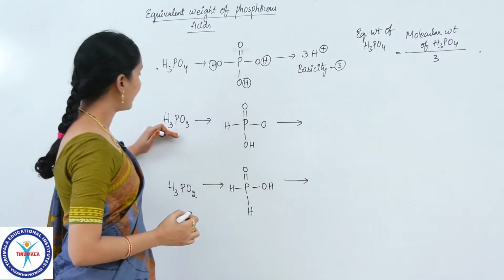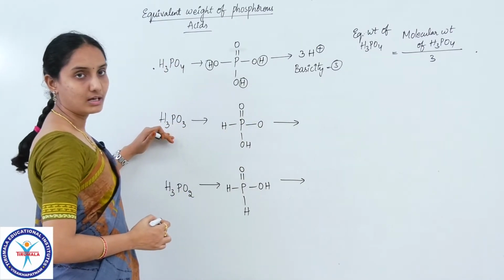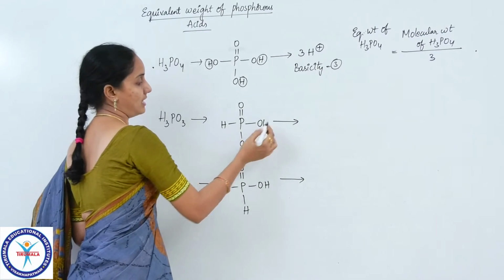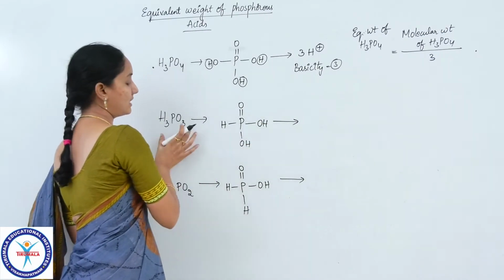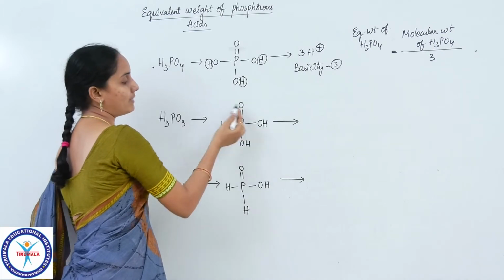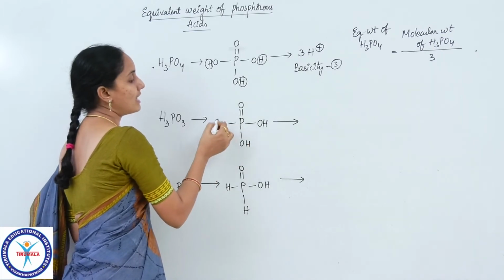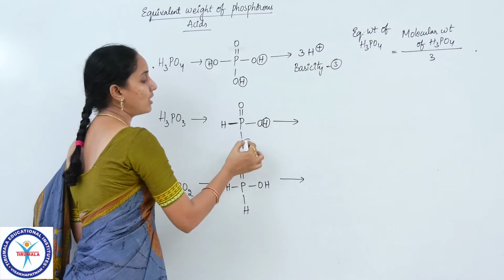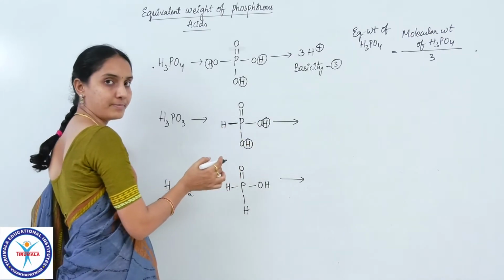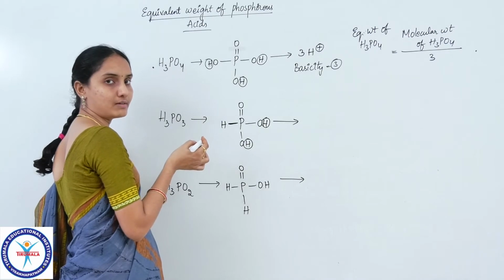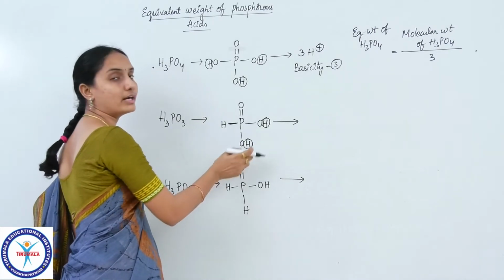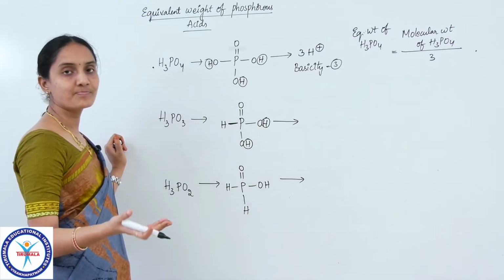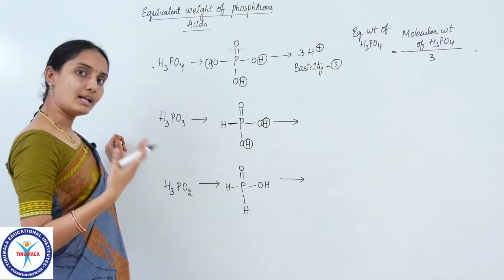Coming to H3PO3, if you identify the structure of this acid, children, H3PO3 is such that one hydrogen is directly linked to phosphorus and the other 2 hydrogens are linked to oxygen, the most electronegative atom, so these 2 hydrogens are liberated as H+ ions and are acidic in nature.